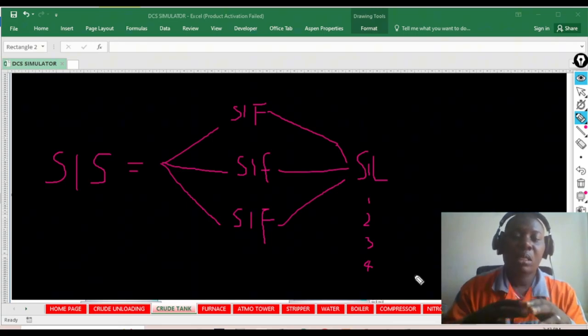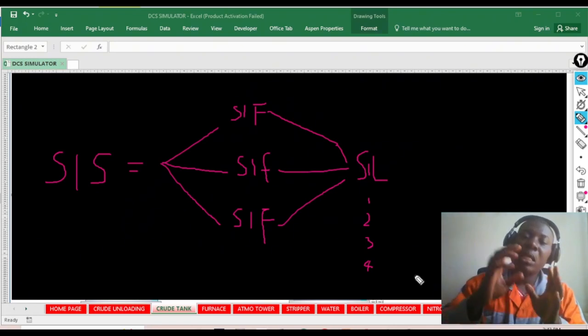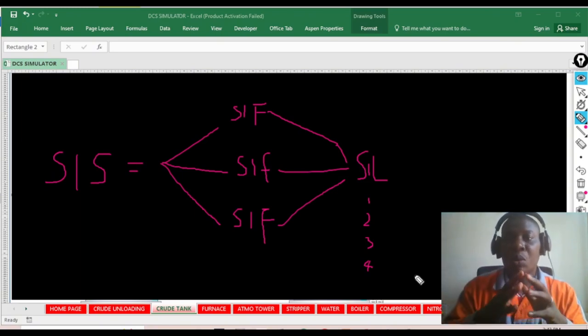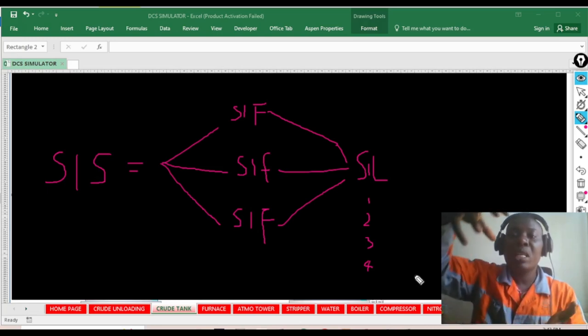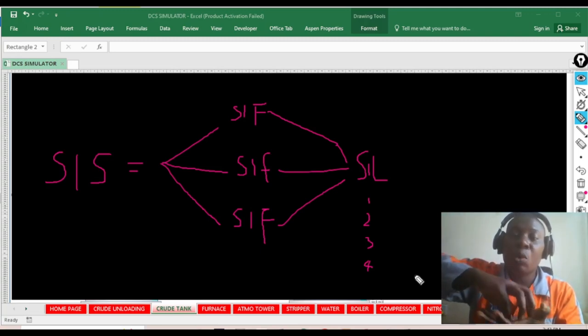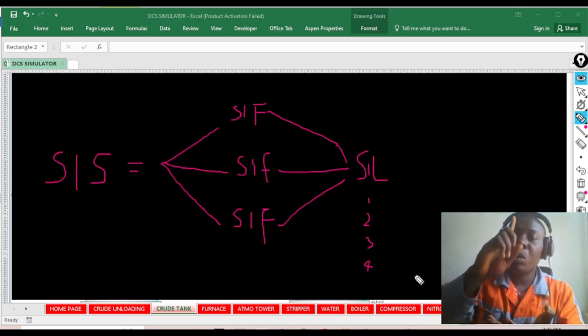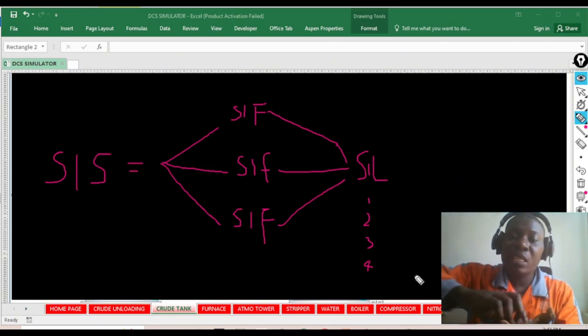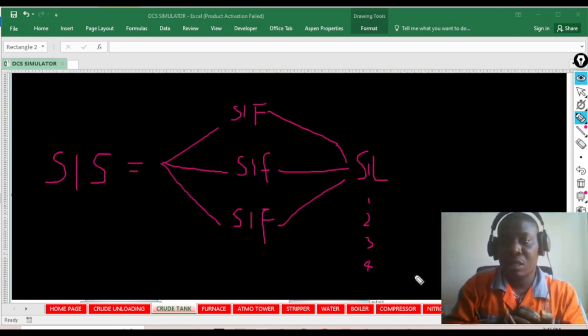Now what does level 1 actually mean? Level 1 means that this particular device, the SIF, has a PFD, probability of failure on demand. What this means is that when we need a particular valve to function, is it going to fail us or not? Level 1 means it's going to fail us between 10 years to 100 years.